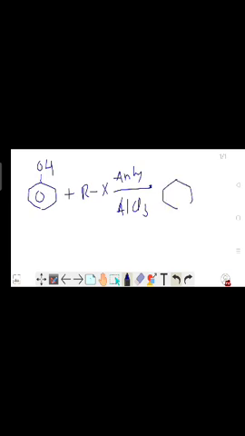When phenol reacts with alkyl halide in the presence of anhydrous aluminum trichloride, then it performs a Friedel-Crafts reaction and transfers into ortho product or para product.